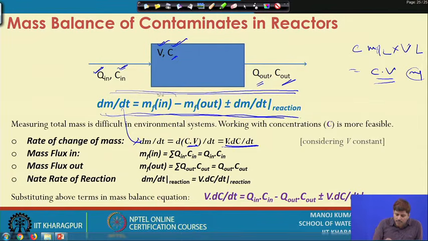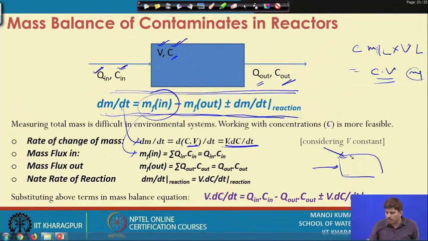The mass flux in the system, the mass which is coming in the system, now you see. If this is my system and let us say there are 2 or 3 inflows, here the discharge is q1, here discharge is q2, concentration is C1, concentration is C2. So, from this particular stream, how much mass is entering the system?